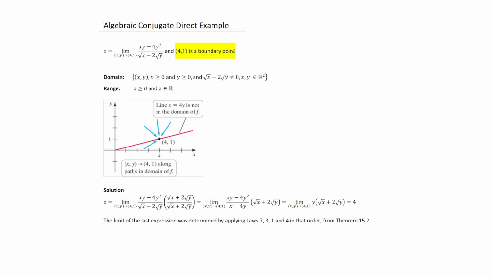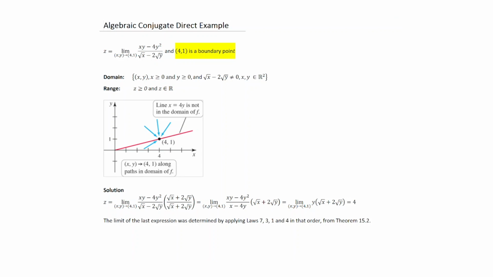So that can be further simplified because in the numerator, y is a common multiplier, and so you'll end up with x minus 4y on the numerator times y divided by x minus 4y, which means you end up with a y. So the final result is y times square root of x plus 2 square root of y. And again, by the theorems that we talked about before, you can show that the limit for this expression exists, and it turns out to be 4.